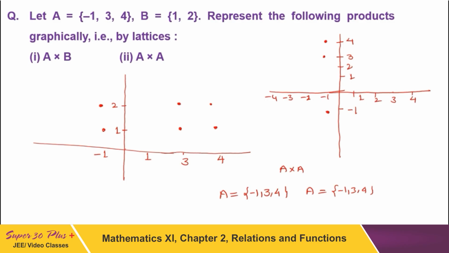Then 3 comma minus 1 is here, 3, 3 is here, and 3 comma 4 is here. Now 4 comma minus 1 is here, 4 comma 3 is here, and 4 comma 4 is here. This is the representation of the Cartesian product by lattice.